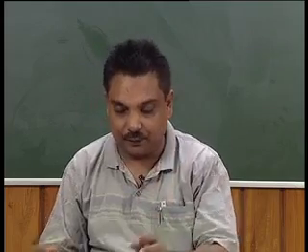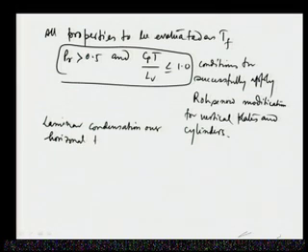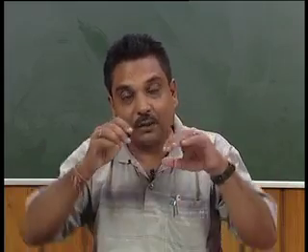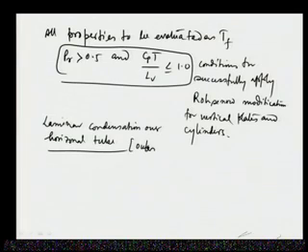Now, if there is laminar film condensation over a horizontal tube, that means it is happening on the outer surface of the tube, under that situation, Nusselt again gave a relation.